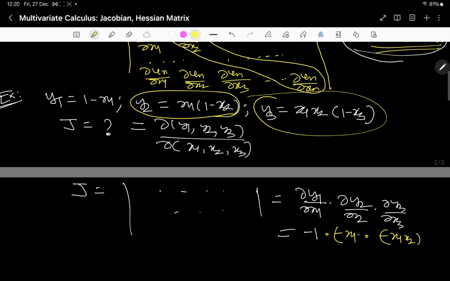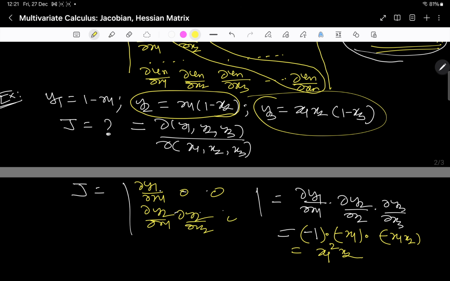So this is the product of these, and the answer will be x1 square into x2. You may work out the details: del y1 by del x1 and 0 and 0, del y2 by del x1, del y2 by del x2 and 0, and del y3 by del x1, del y3 by del x2, and del y3 by del x3. In that way find it, or you directly find this.